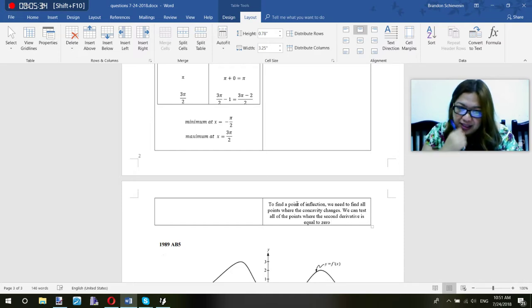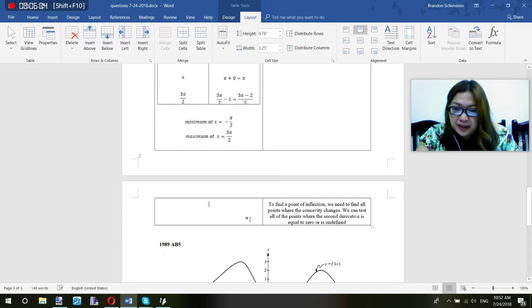To change the concavity, we need to test the start point and the end point. Close. So we're looking at all points where the second derivative is equal to 0 or is undefined. If there were any points where the second derivative was undefined, that would be a break point where something else could happen on the other side of that point for our concavity.